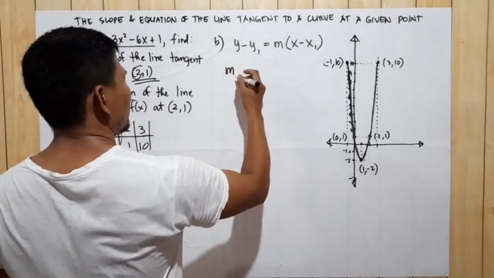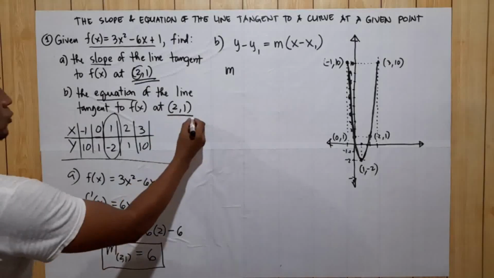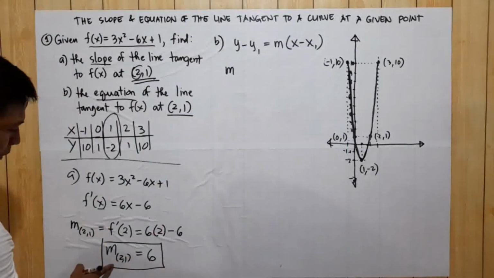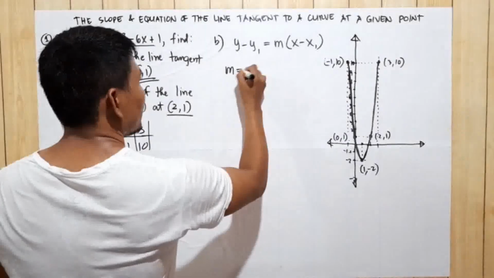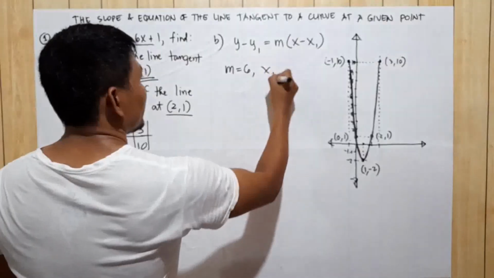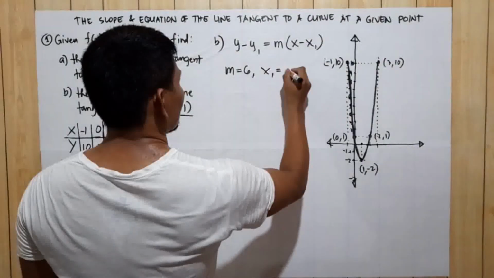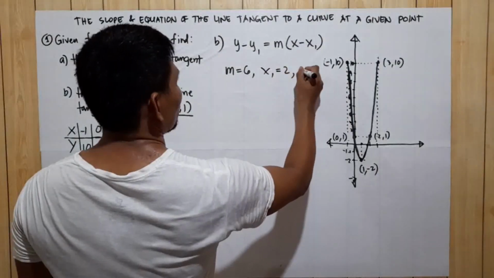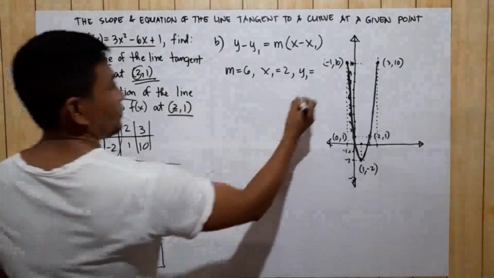So, m, alam na rin po natin yung m at that point. Okay? Sa point na (2, 1), kasi nagawa na po natin kanina, yung slope at point (2, 1) is 6. Yung x1 po natin, kasi given siya as 2, tapos y is given as 1.